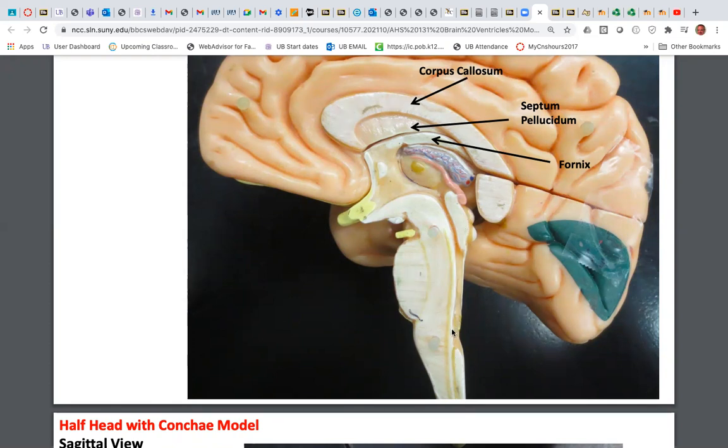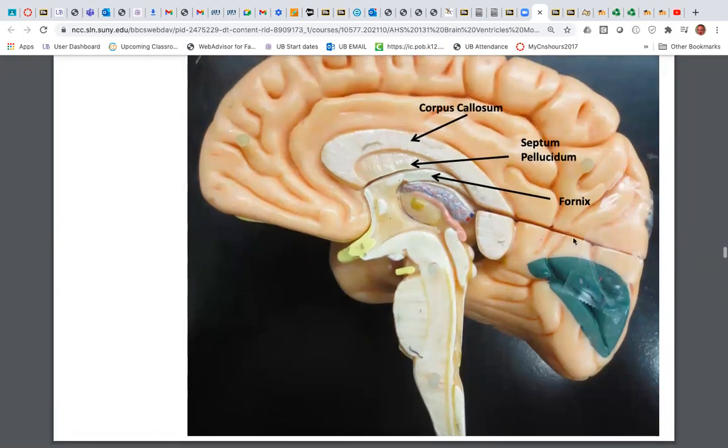And your brain stem is made up of three parts of the brain: your medulla, your pons, and this section here, the midbrain. Medulla, pons, and the midbrain.